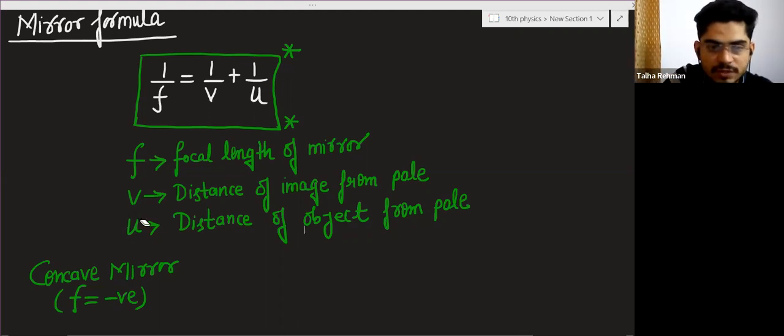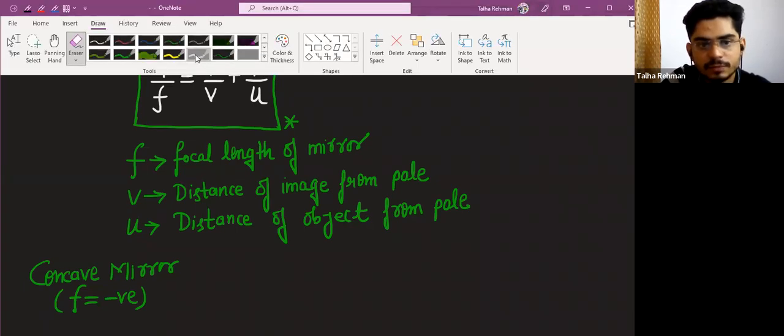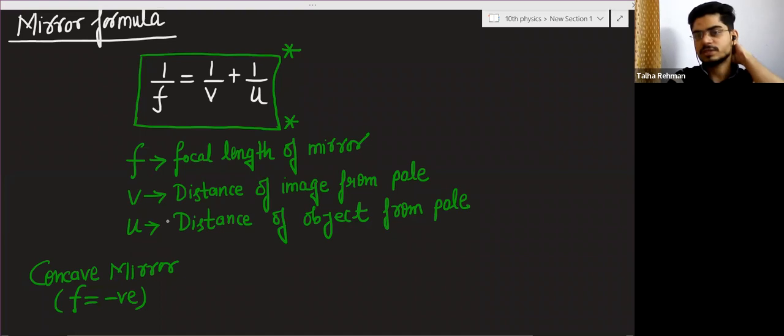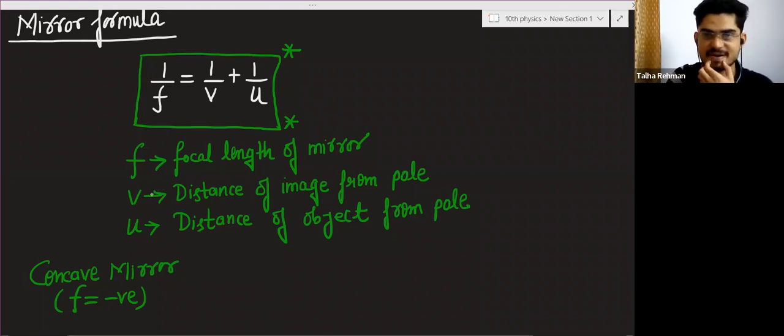Remember that u is the object distance from the pole, v is the image distance from the pole, and f is the focal length of the mirror. Here in this chapter, the numerical is the game of sign convention.